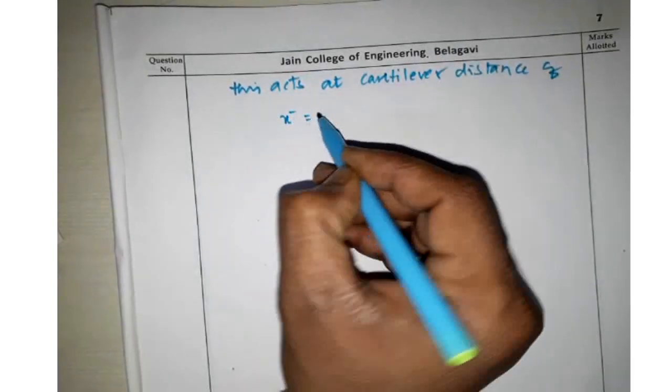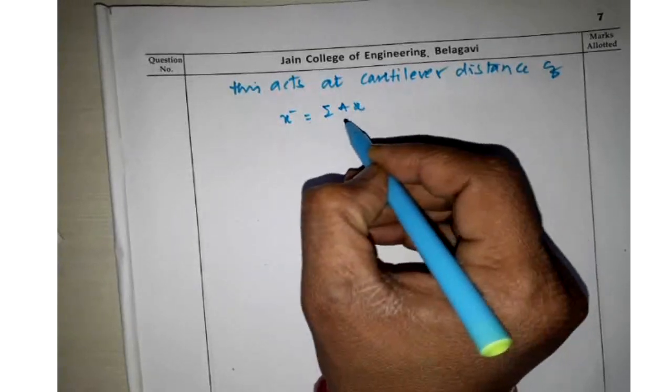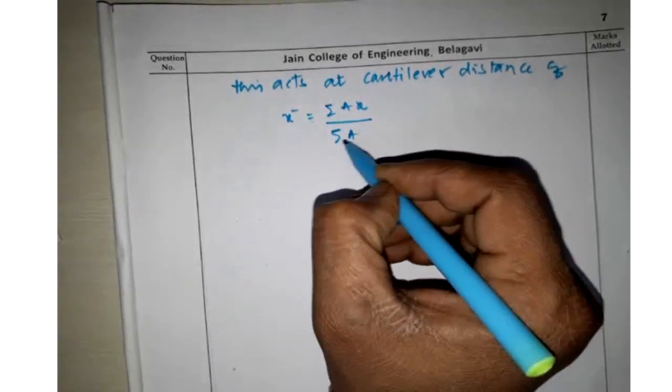So for that, x bar is equal to summation of a x upon summation of area. This you have to use.